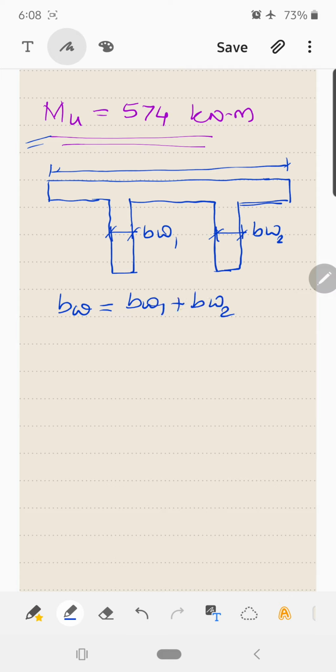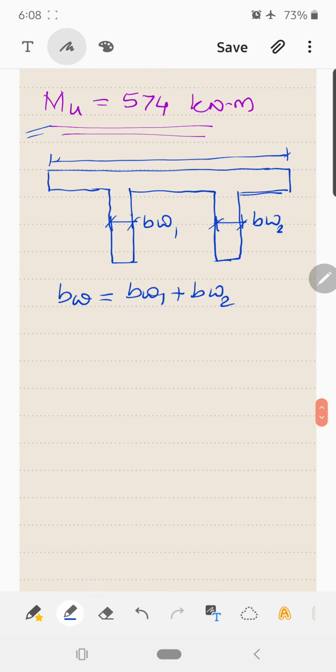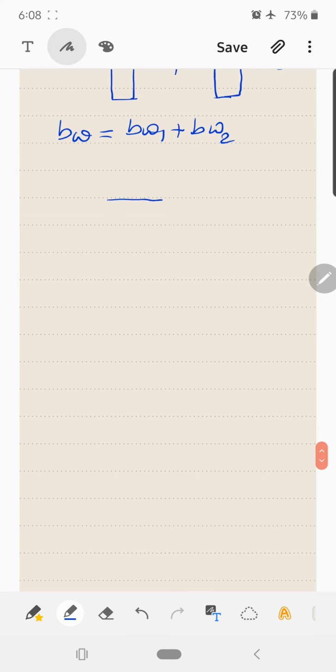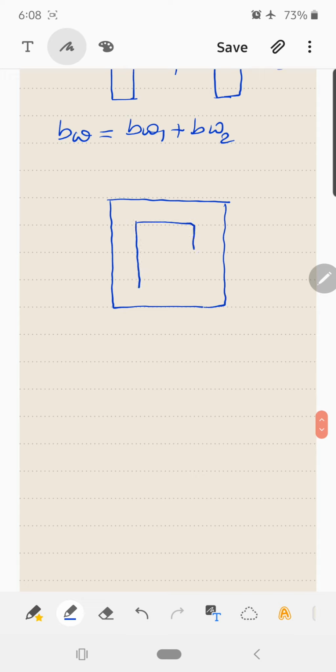So that is the change in case of a double T section. Suppose it is a single box section like this.